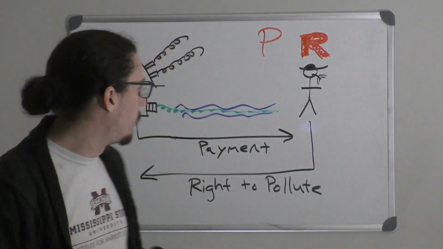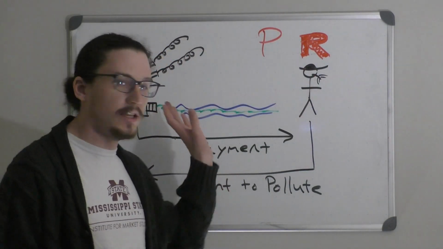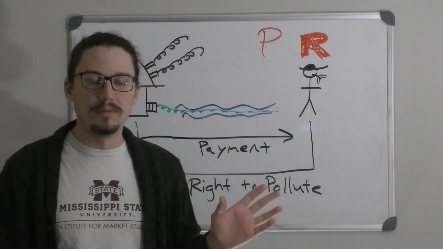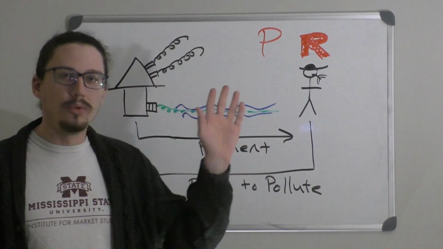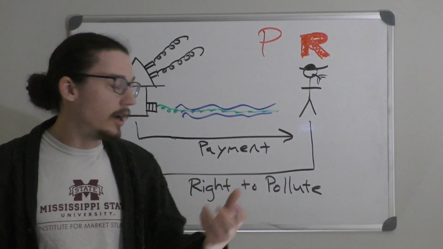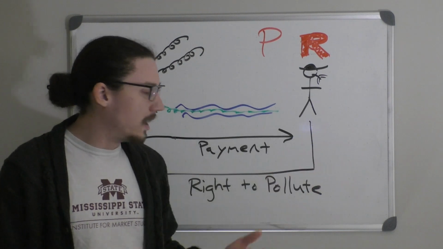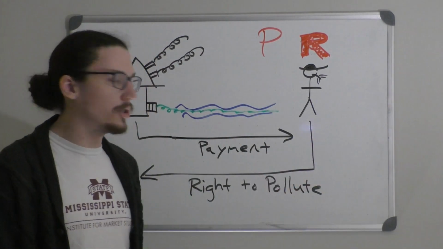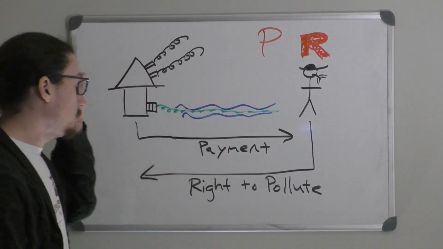So again, let's say the 15th unit of pollution would cost the factory $2,000 to keep in, and the 15th unit of pollution would cause $2,200 worth of damage to the farmer's crop.